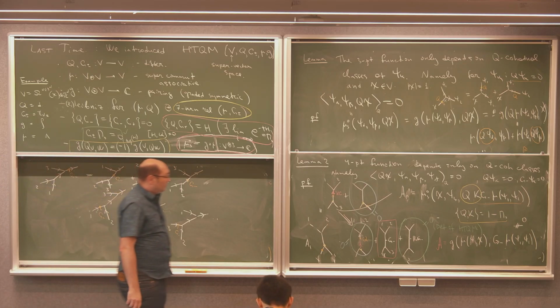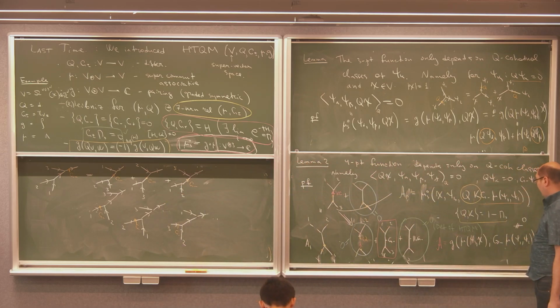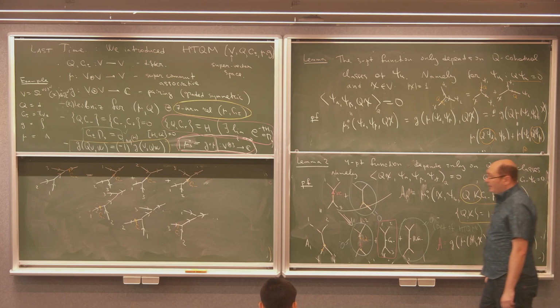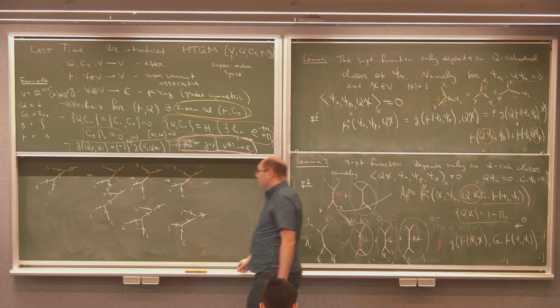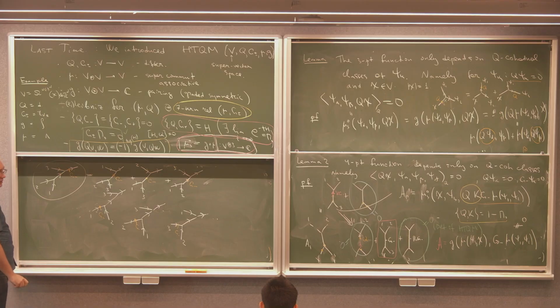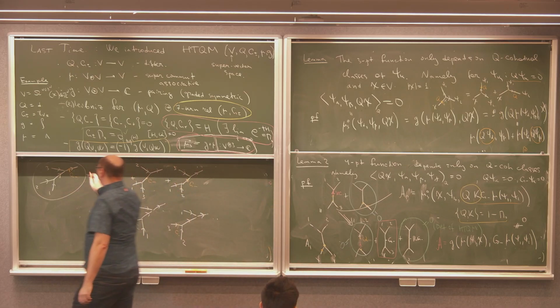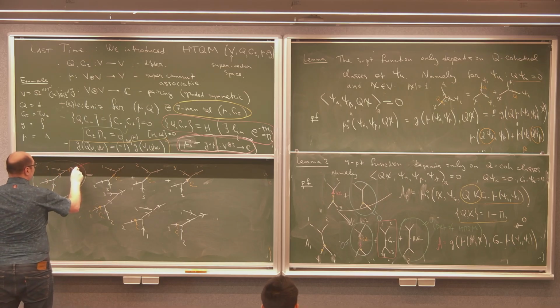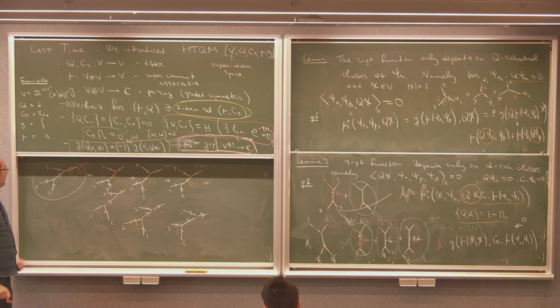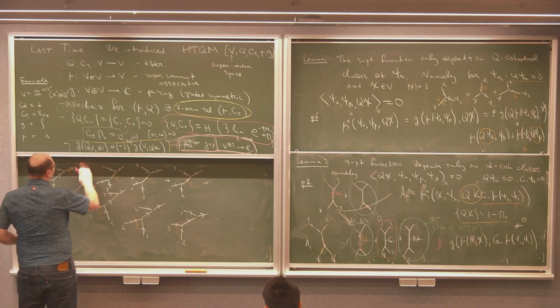So now what we have here, this red expression that is non-zero, is essentially an expression where we take this diagram and pair it, using a different color, with some additional state, a fourth state. Sorry, my bad.